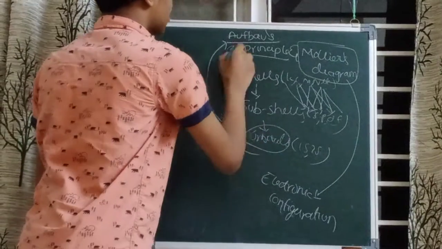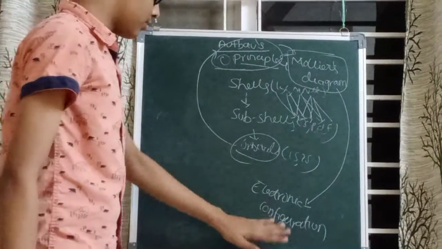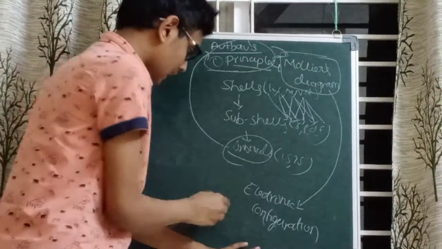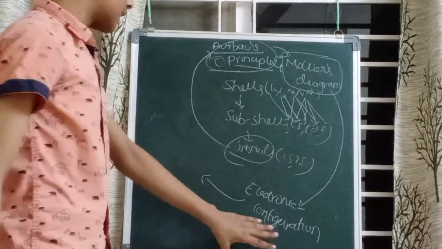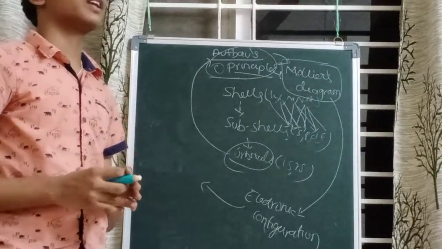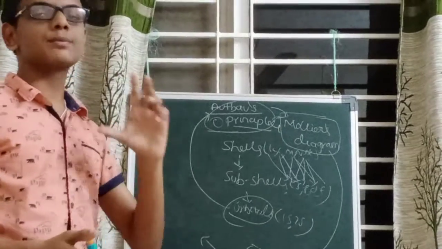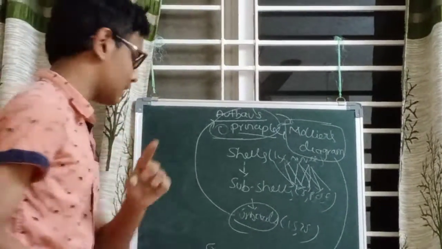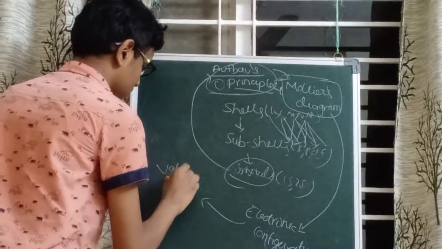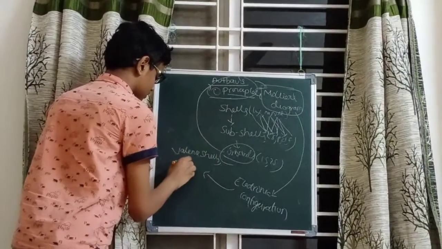These orbitals, the Aufbau principle and Euler's diagram correlate with each other and form the electronic configuration. And the electronic configuration can be used to determine various things. For example, when we are discussing a chapter like atomic structure, it is mainly useful for determining the valence shells and valence electrons.